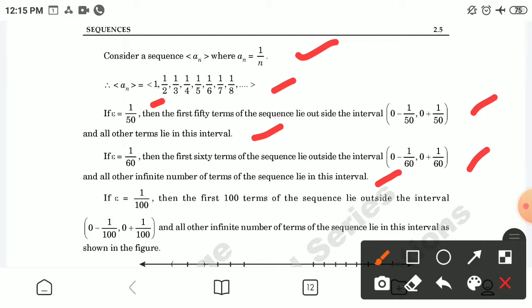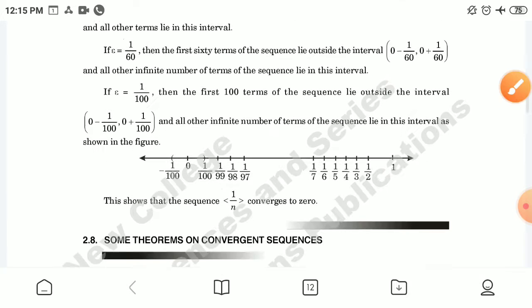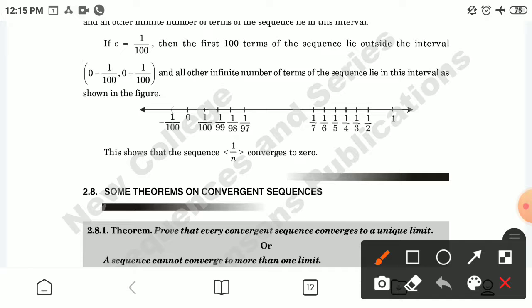Similarly, if we take epsilon as 1 by 100, then the first 100 terms of the sequence lie outside the interval 0 minus 1 by 100 to 0 plus 1 by 100, and all other infinite terms of the sequence lie in this interval, as shown in the curve. That is minus 1 by 100 here and 1 by 100.